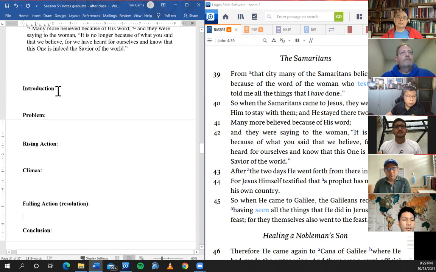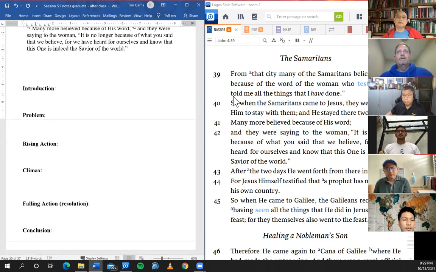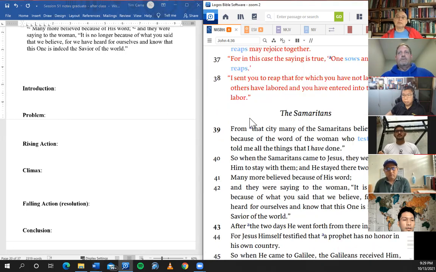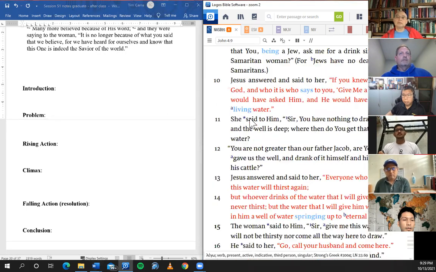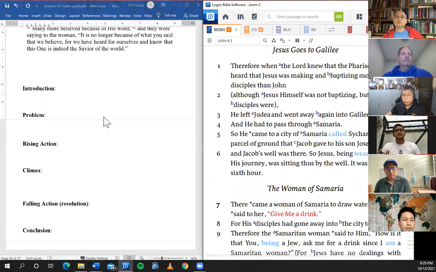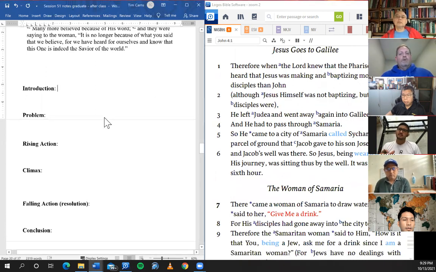So as we think about that, it's kind of hard for me to show both things here at the same time, the text and the notes here. But what do you guys think would be the introduction to the story?